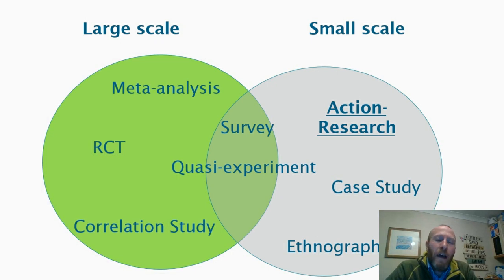The point about that is not to have a list of different research styles in your head. It's just that I want to flag up that there's lots of different ways of going about doing research in education, and each of them tends to have strengths and weaknesses.